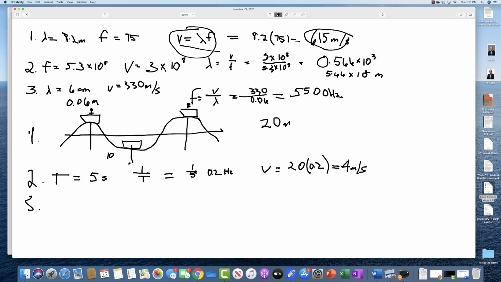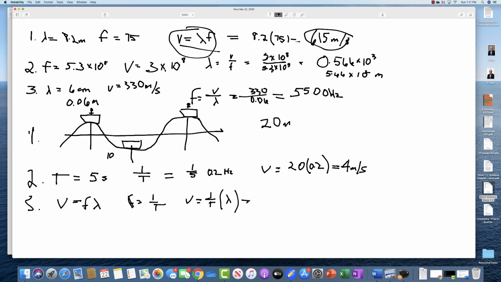So let's do that. V equals the frequency times the wavelength. And we know that the frequency is equal to 1 over the period. So if we put this in for F, we get V is equal to 1 over the period times the wavelength.